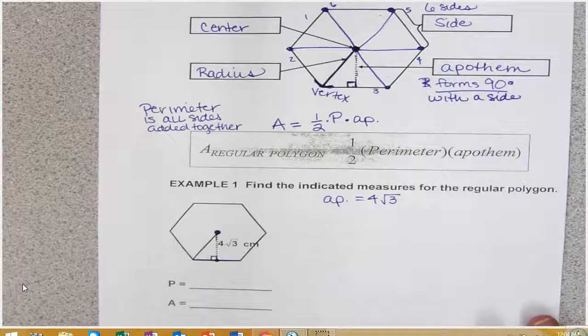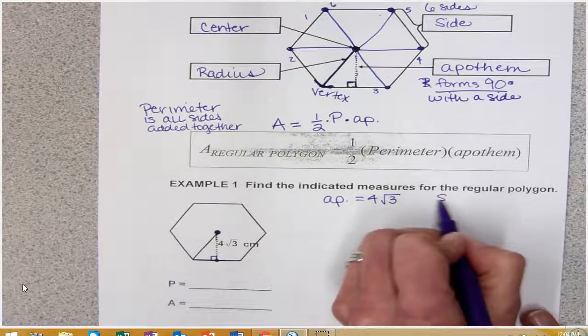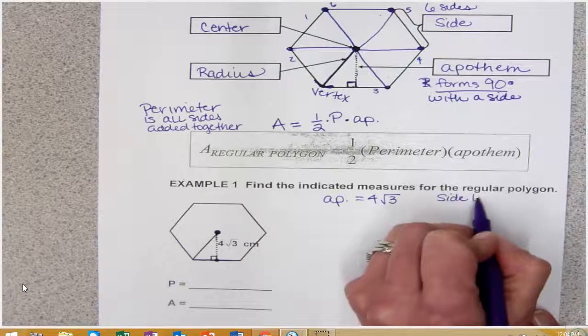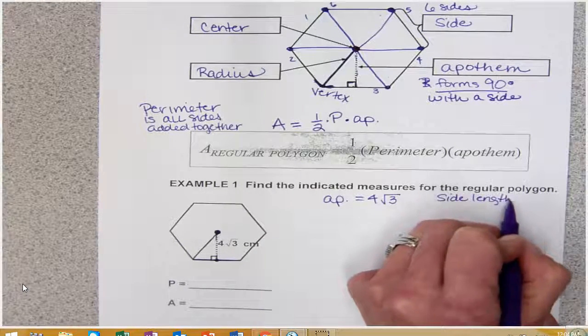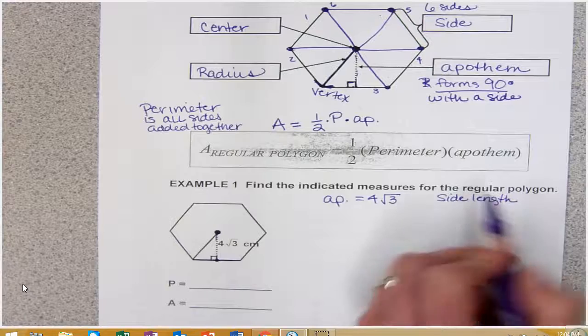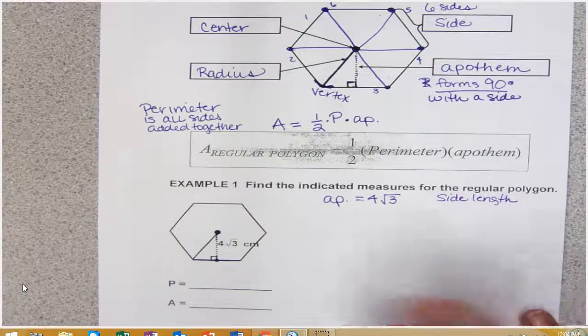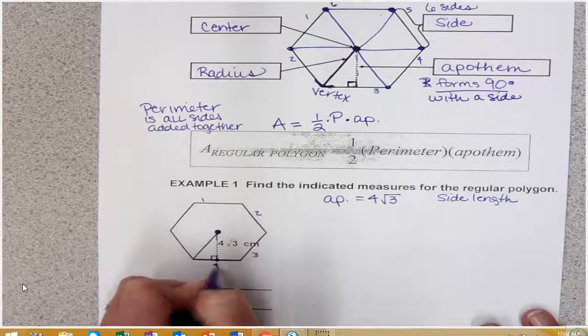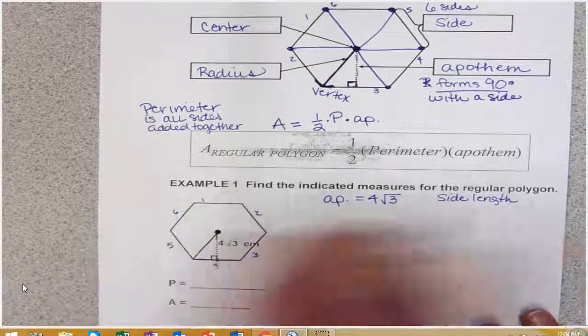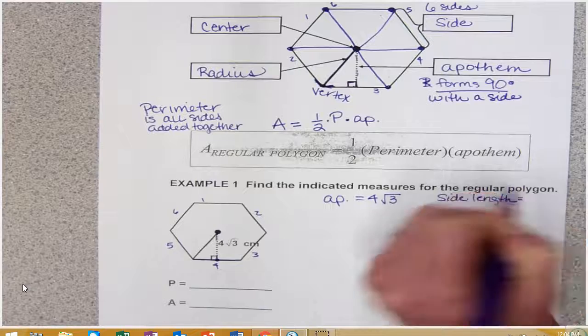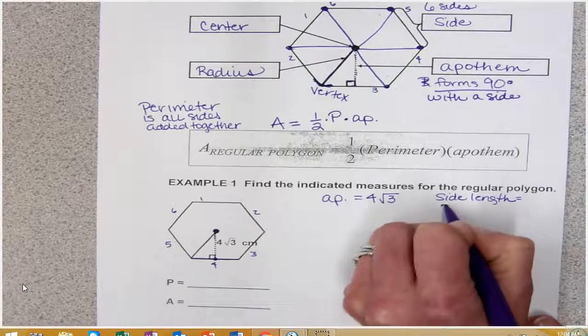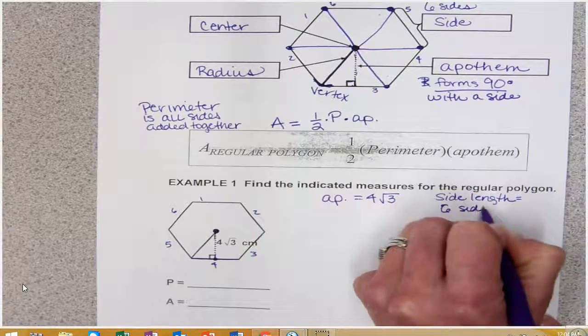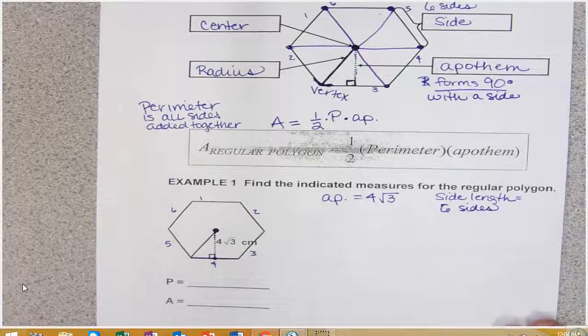In order to figure out the area, we need to find the side length, because that's going to help us find our perimeter. We have how many sides? 1, 2, 3, 4, 5, 6 sides. So we have 6 sides. Put that down. And we need to figure out the side length.